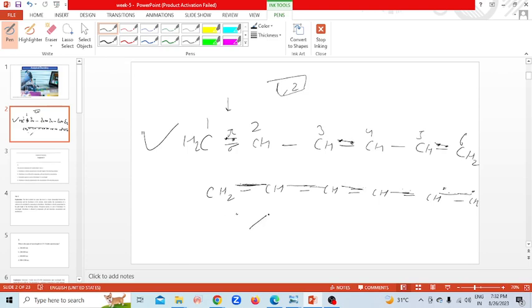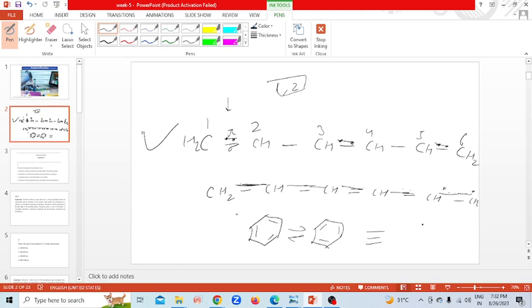Similarly in benzene, this is the benzene structure, and similarly you can draw it like that also. So both are the same, only the position of the double bond is changing.